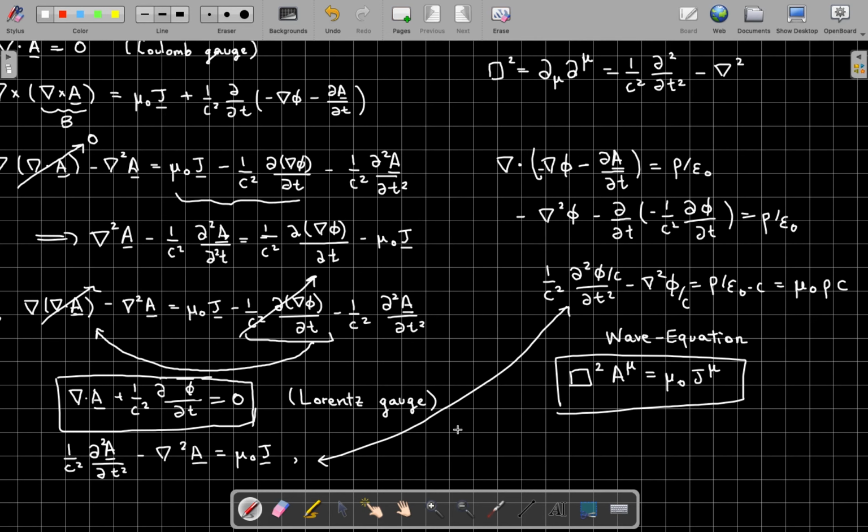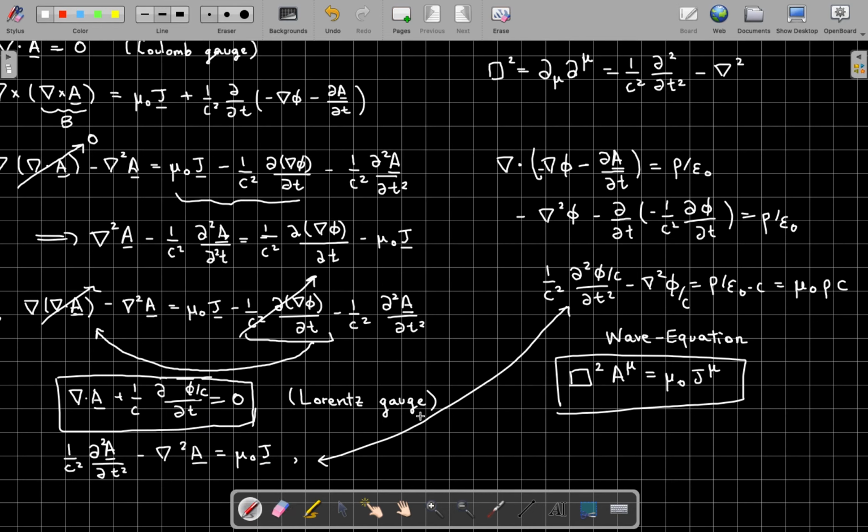Also note that the Lorentz gauge can be written in another relativistic covariant form. Indeed, I can write this as phi over c and get 1 over c here.